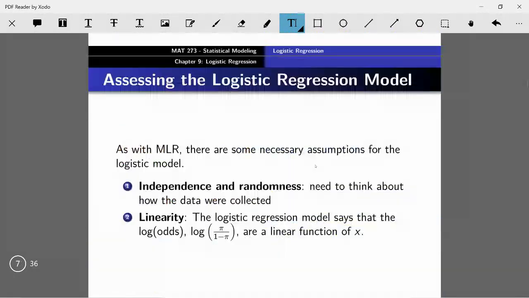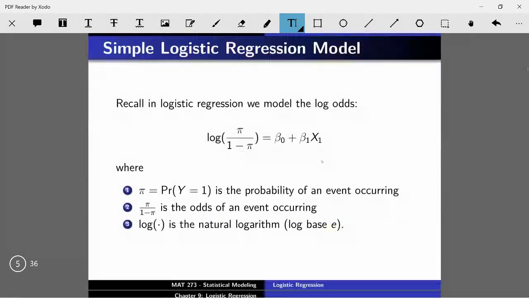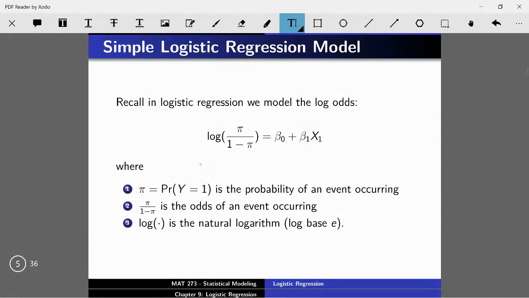If we look at the logistic regression equation here, what we're checking is we want to plot this value on the y-axis, the log odds, and then we're plotting this linear predictor with our estimated coefficients plugged in on the x-axis. And the idea is these should be linearly related. That's what our model is relying on.